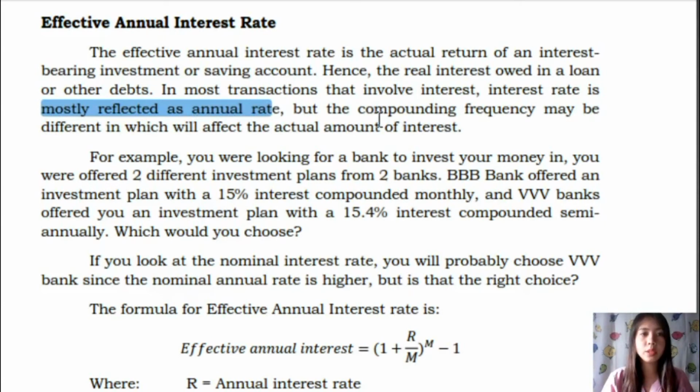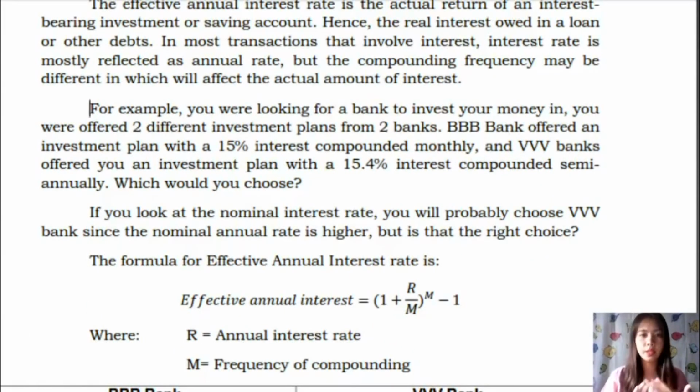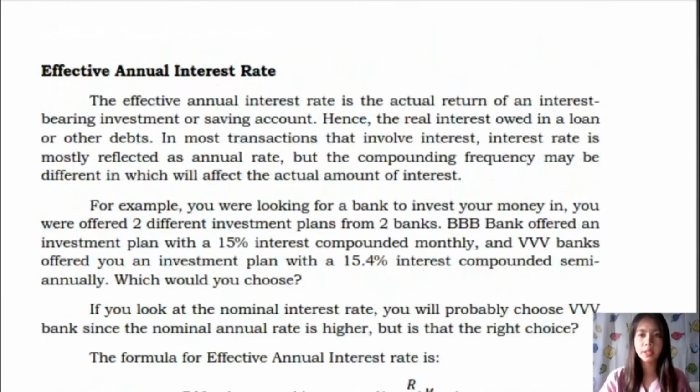Okay, but the compounding frequency may be different, which will affect the actual amount of interest. So, yung compounding, malaki din ang nagiging effect if it is semi-annually, quarterly, or monthly.